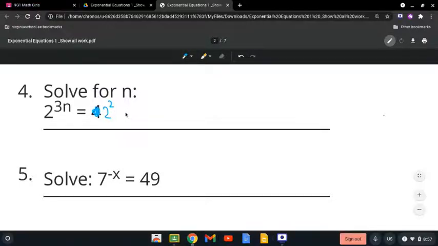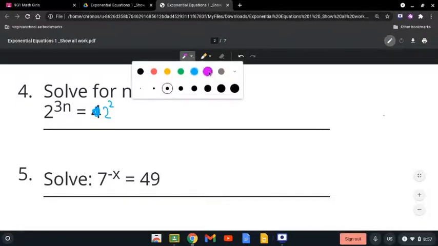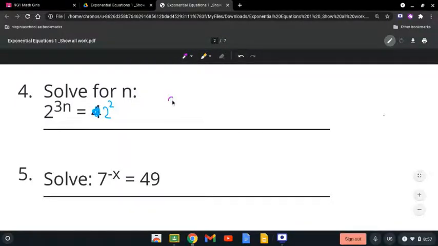And now we can actually solve it like we used to do. Now you can do the opposite. You can write 3n here and 2 there. It's totally fine, it's just the same thing.